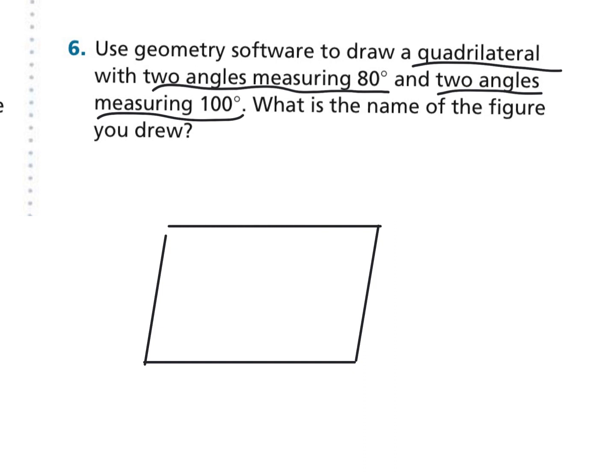But we can connect those to each other. And you can measure the other angles actually kind of come automatically for you by doing that. So you really should only have to measure 2 angles on that one. So this would be a parallelogram.